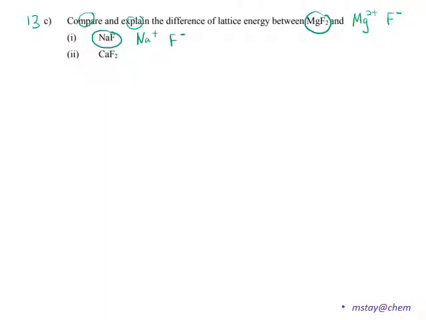From here, we can notice that the difference between these two ionic compounds, magnesium fluoride and sodium fluoride, is the Mg2 plus and Na plus. They are different in terms of ionic charge. They are also different in terms of ionic radius. When both factors are affecting, we will give priority to the ionic charge.